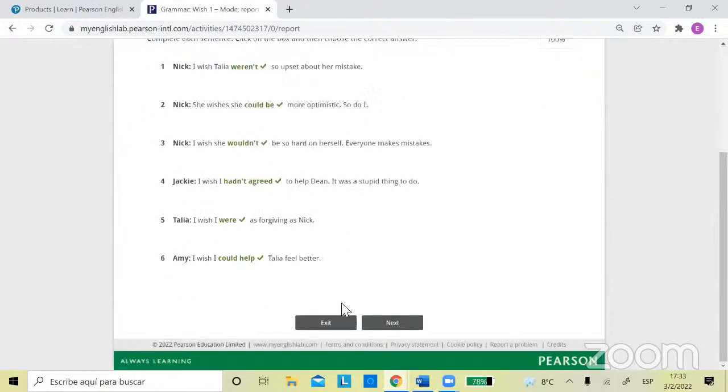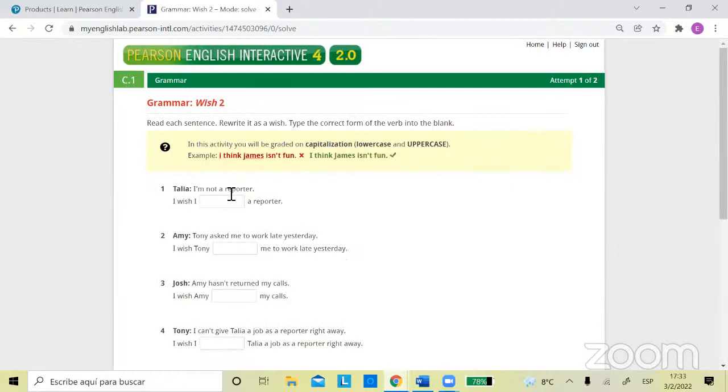Perfect, very good. So let's go next. In this case, it's the same as the other. For example, in number 1, we have the expression that we are using in simple present.